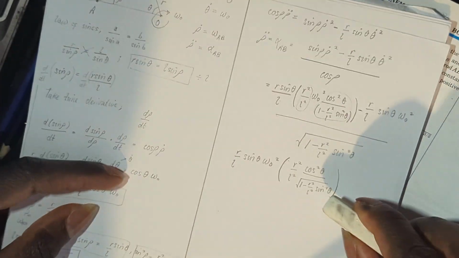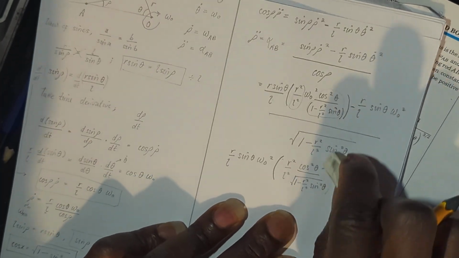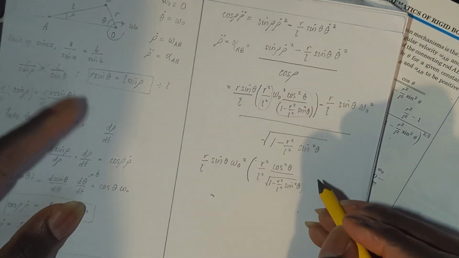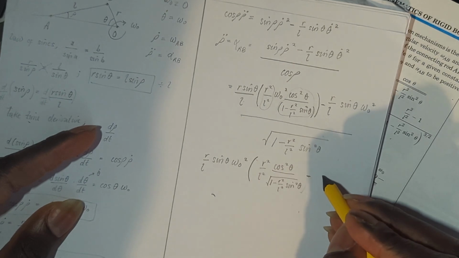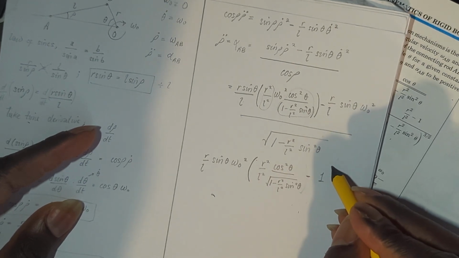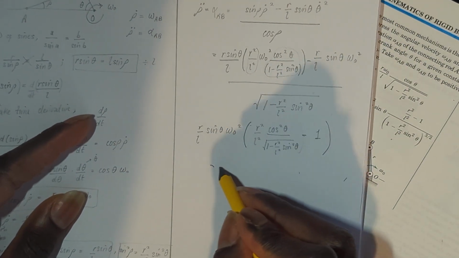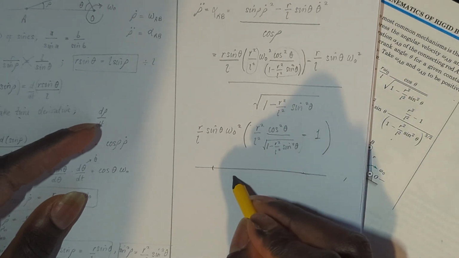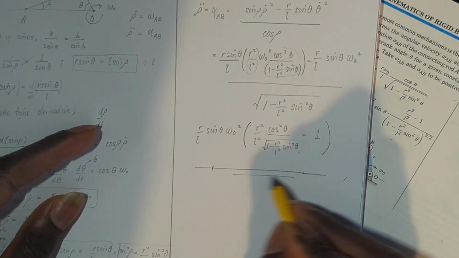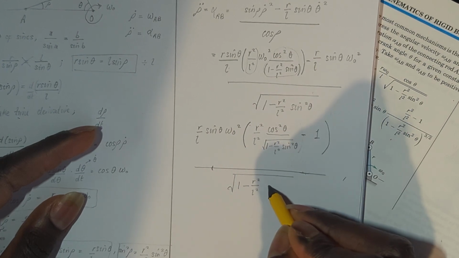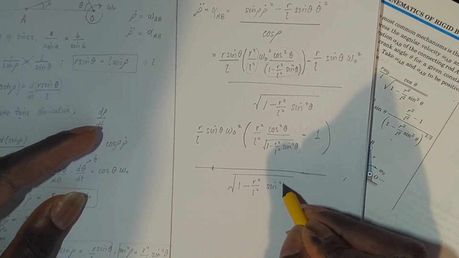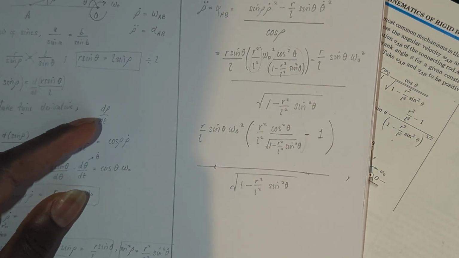This is factorized, so let me wipe this. Minus, take this all out, minus 1. Quite easy how all this went out, divided by square root of 1 minus r squared over L squared sine squared theta. Now, what else do I have to do?